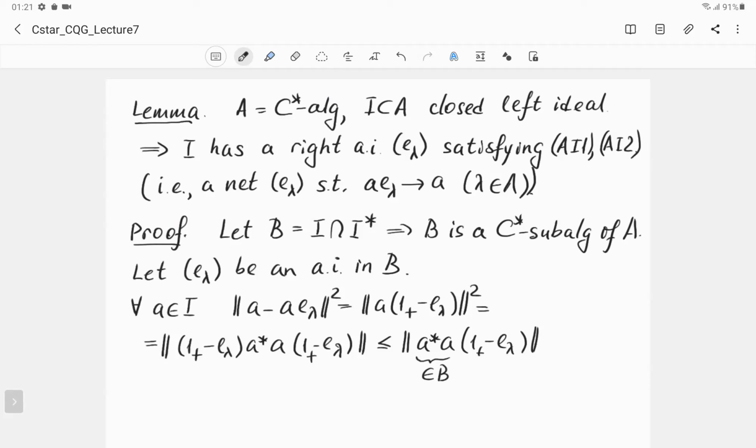So it is a self-adjoint element in I, and so it sits in B. And that's it. So this is an element of B, and e_lambda is an approximate identity of B. So this goes to 0. And this completes the proof. We have shown that e_lambda is a right approximate identity in our ideal I.